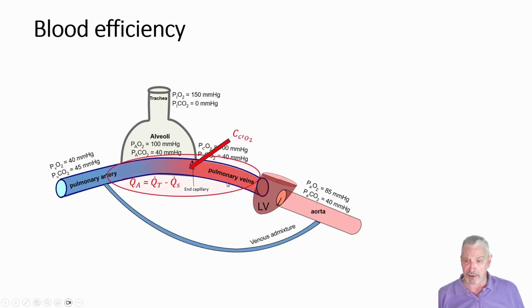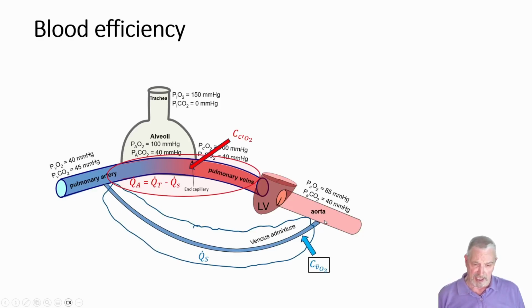And so we see there's two components. There's the component of blood flow or cardiac output that goes to the gas exchange surfaces, and by the time it gets to the end of the gas exchange surfaces, it has an arterial content, which is end-capillary oxygen content, Cc'(O2). And we can use the ideal alveolar air equation to sort of figure this out with an oxygen dissociation curve. The other blood flow goes through this channel that never sees the air.